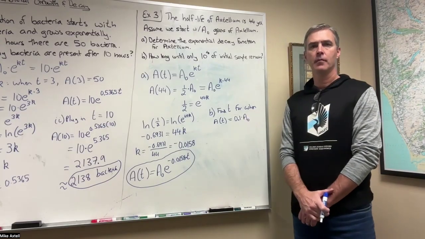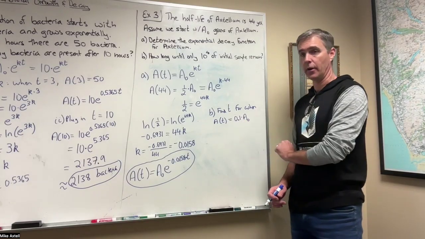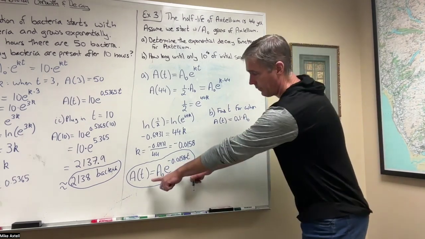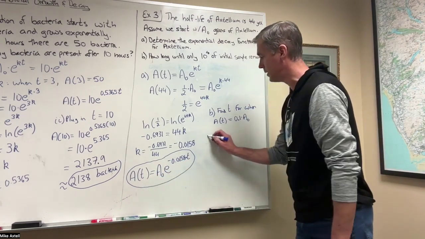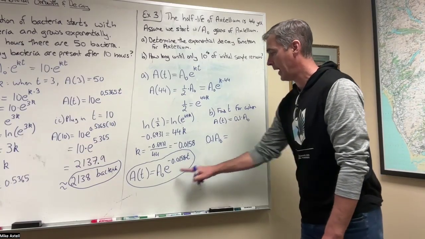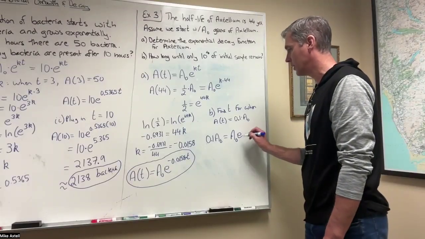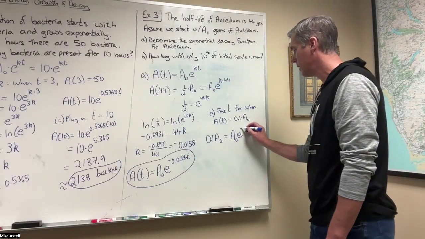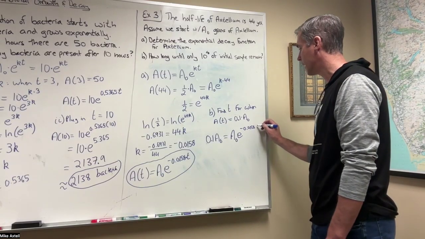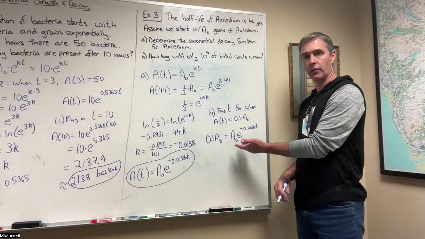Right? So I know my output of the function is going to be 0.1 times A0, and I'm looking for my input t. All right, well, there's my function. I know the output is 0.1 A sub 0. And I know if I have a t, I would have plugged it into the right-hand side, minus 0.0158 times t. So now I'm trying to solve for t.